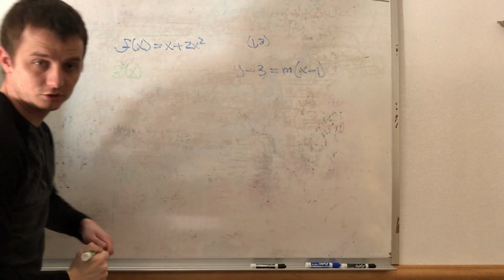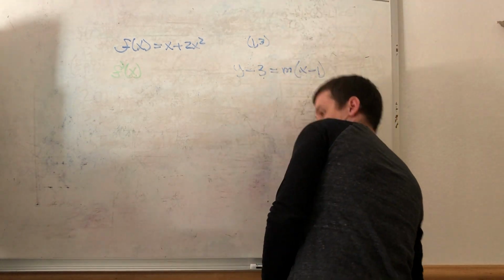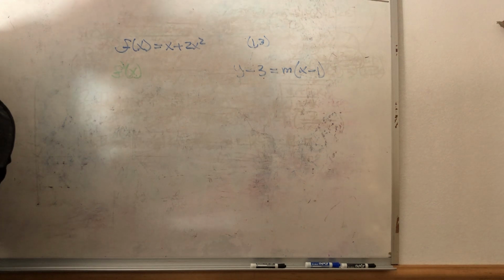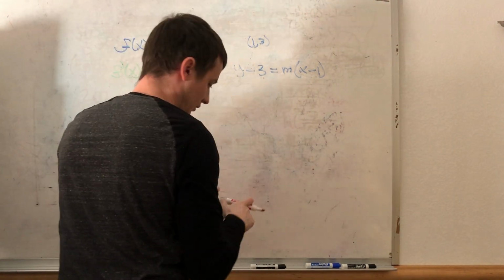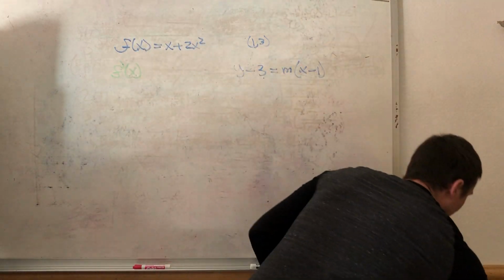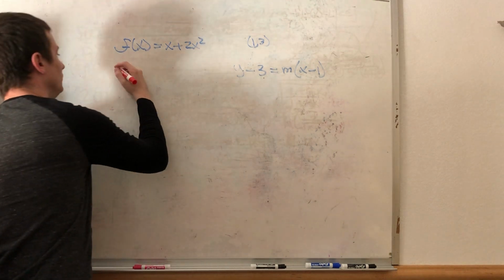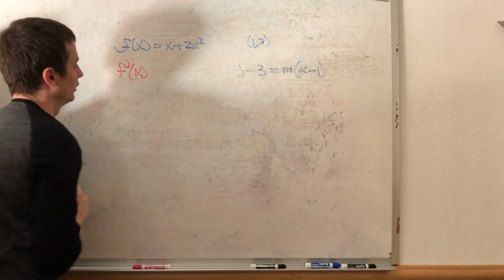I don't think that's going to show up good on camera. Yeah, no. Okay, so that's a no-no. Try one of these. Okay. F prime of x, not sure that's much better.